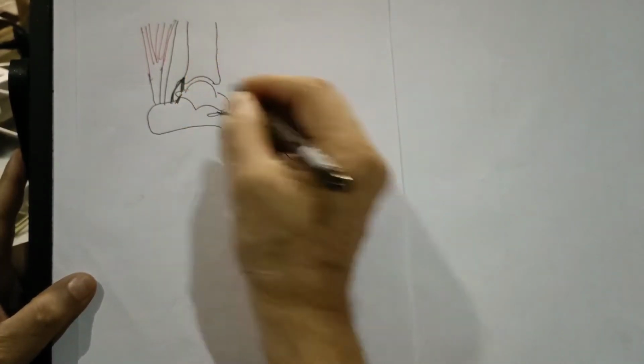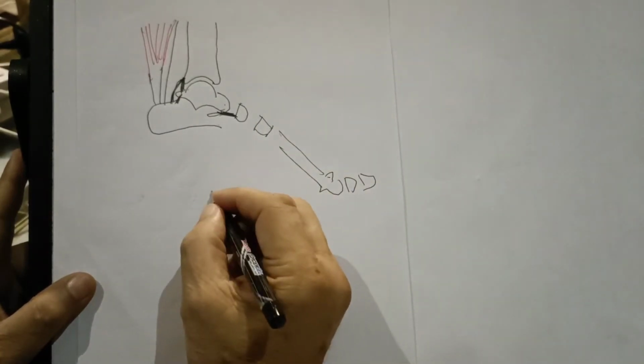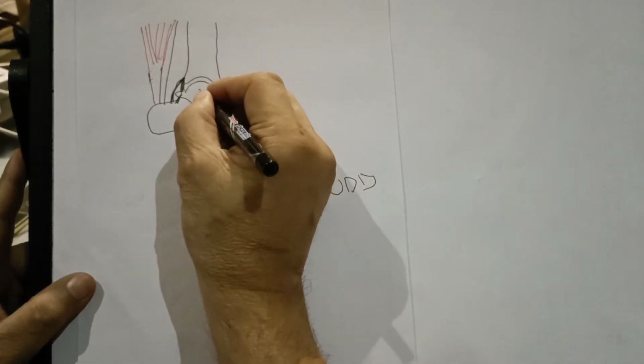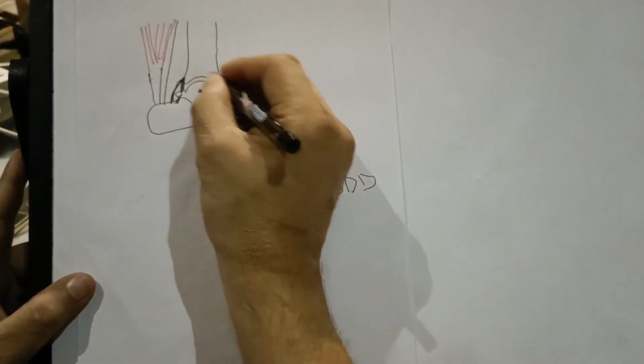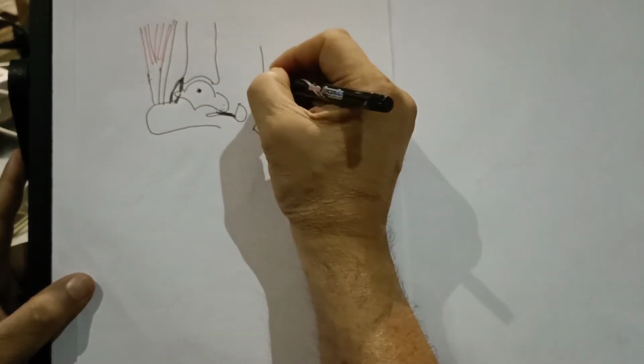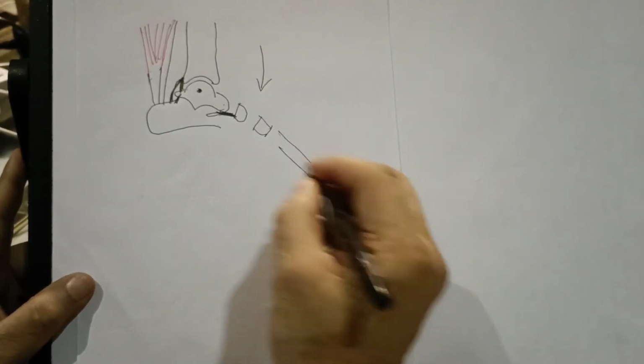Then you have to understand another concept about the equinus deformity. This is the axis, the ball, the socket, this is the axis, and this is what is equinus, because the person is bearing weight on the heels.